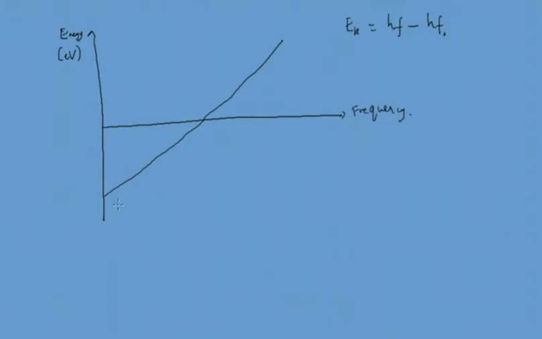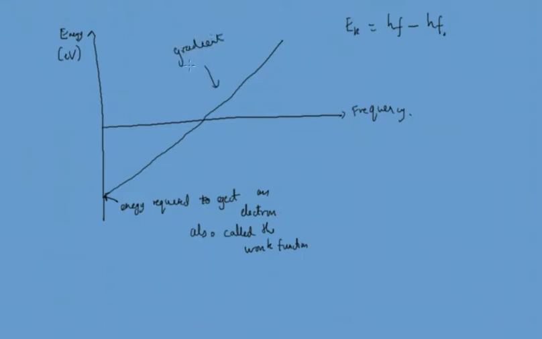The point where it intercepts here is the energy required to eject an electron, and it's also called the work function. And the gradient is Planck's constant.